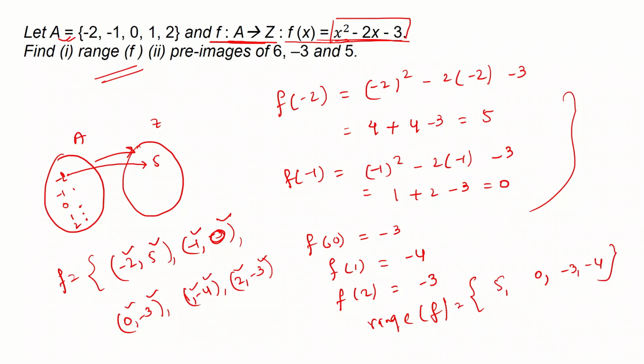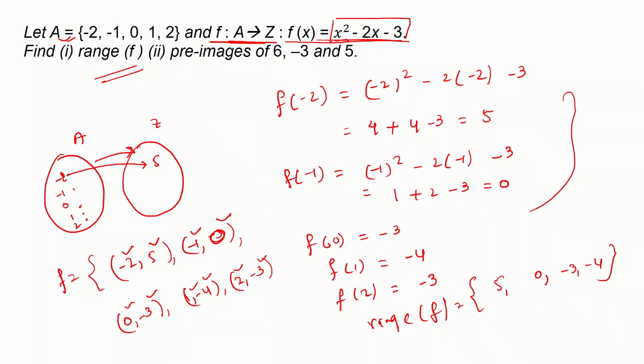Now what are the pre-images of 6? It asks you what are the pre-images of 6. So to figure that out, we just need to find that value of x for which the image is 6. That is the meaning of a pre-image of 6.